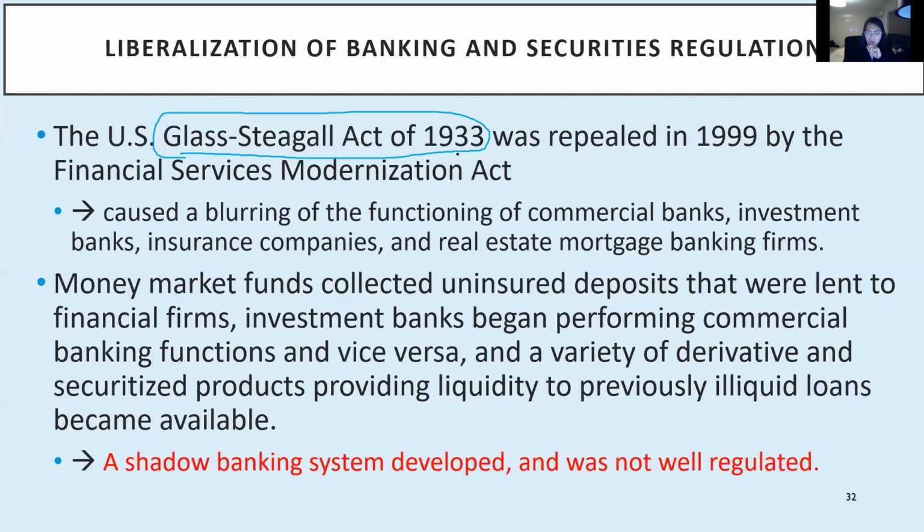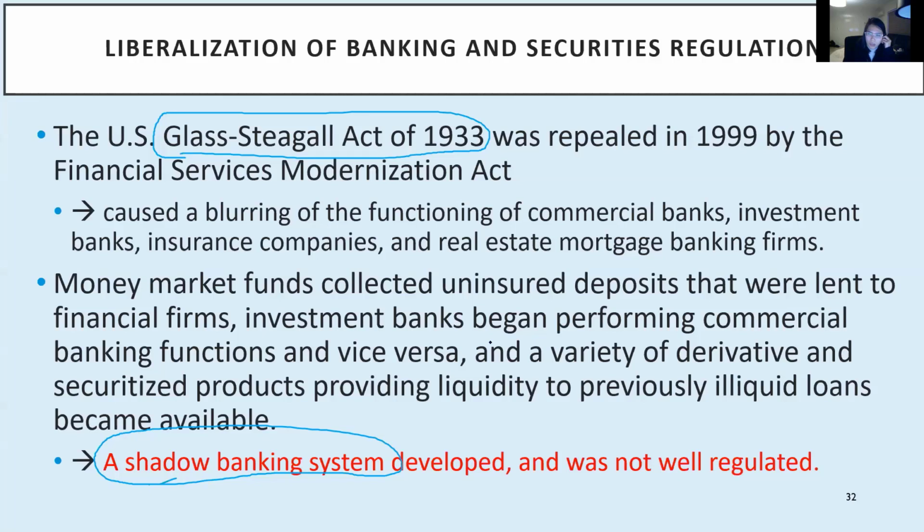So as a result of the liberalization of the banking industry in the US, it gave way to a shadow banking system, okay? Whereby even investment banks can take deposits and lend money to people. One recent example we can think of is lending platforms.